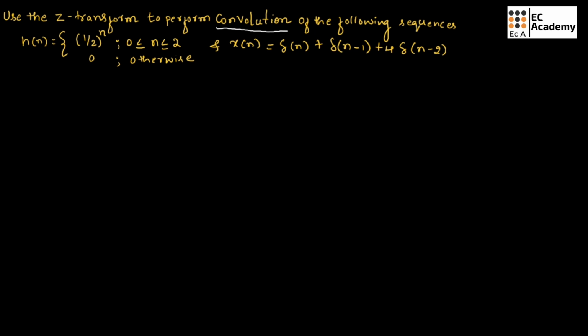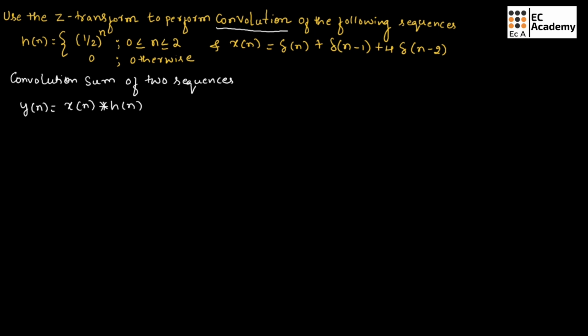The convolution sum of two sequences can be given as y of n is equal to x of n star h of n, which is nothing but y of n is equal to x of n convoluted with h of n.